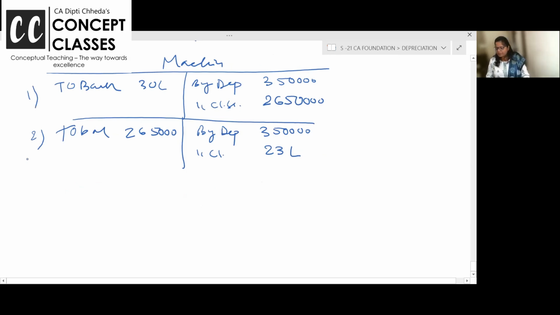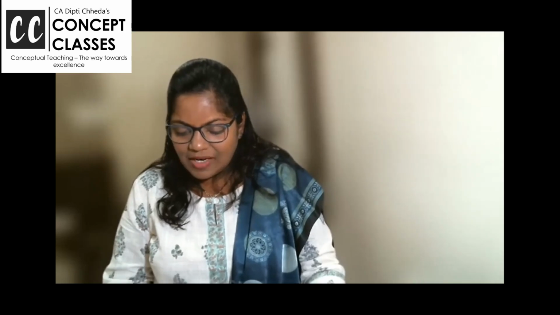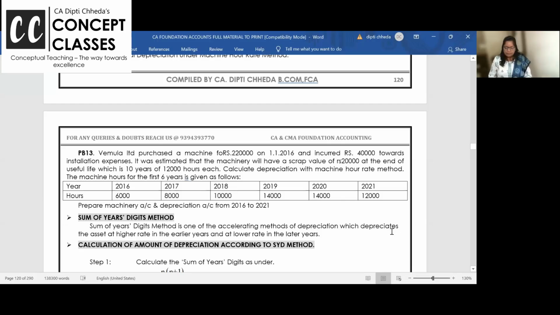Let us move ahead. All right. Let us do this 13th problem. Vemula Limited purchased a machine for 220 and incurred 40,000 towards the installation expense.